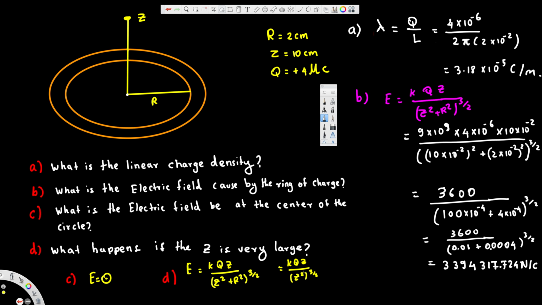From this one you can see the 2 cancels, and we are left with z cube, and kqz over z cube, and z cube and z cancel to become z square. So from this one you can see this is going to be a very large number in the denominator, so this is going to be approaching 0. So the electric field will be approaching 0 if z is very large.